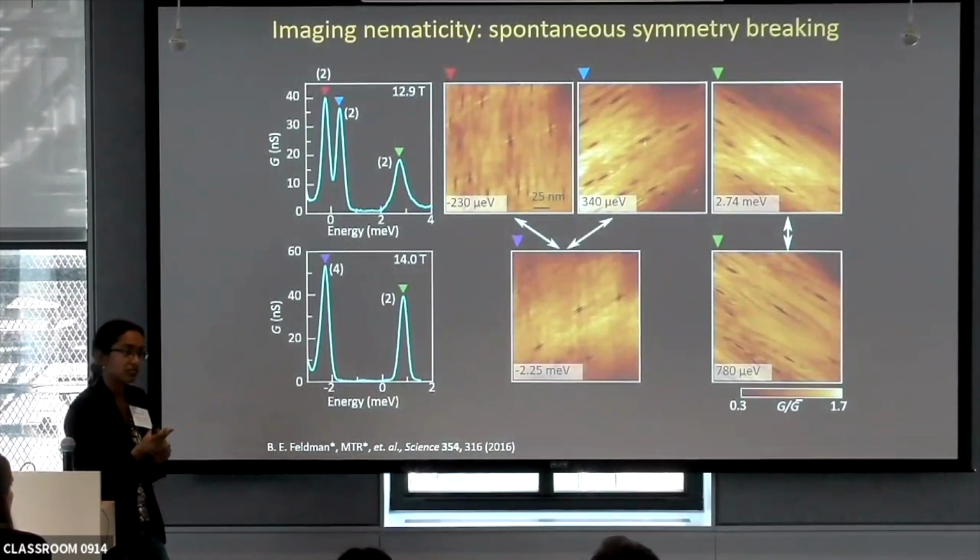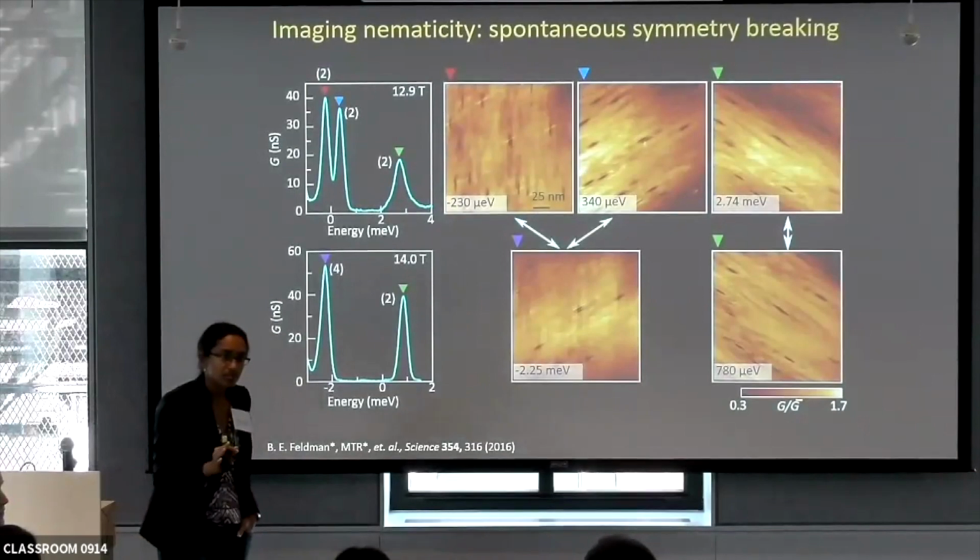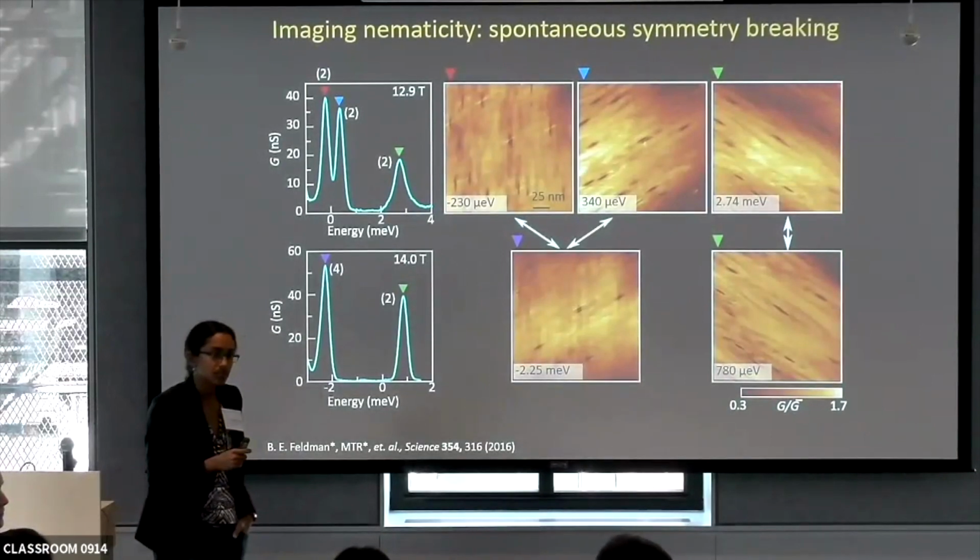Rotation symmetry is already broken. So I guess the way to think about it is, the valleys themselves have some anisotropy, but is that your question? Sorry, I didn't quite understand your question. If you say strain is breaking rotational symmetry to make this splitting, the states that remain are already broken.